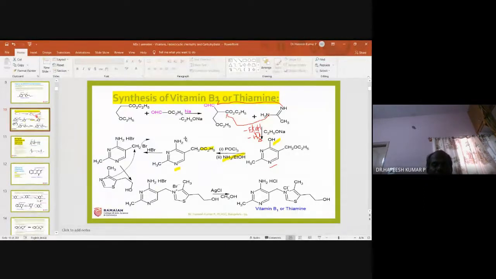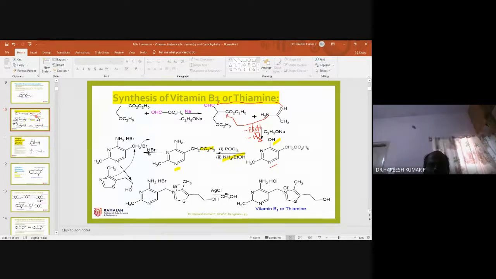Once NH2 is obtained, the next reactant is HBr. HBr is known for the cleavage of ethers. You know that this is an ether, CH2OC2H5. What will it do? The lone pair present on this oxygen reacts with hydrogen.